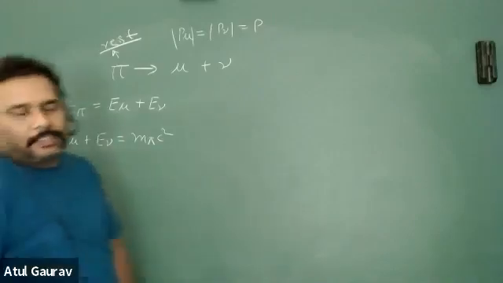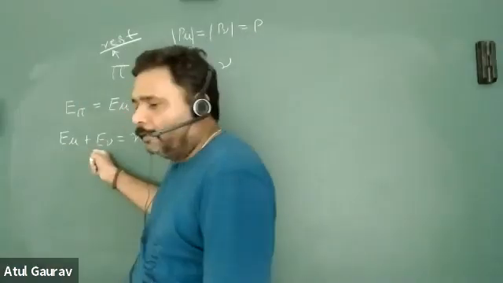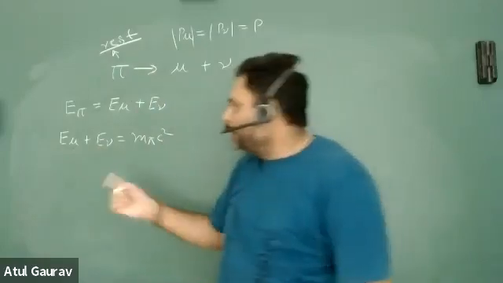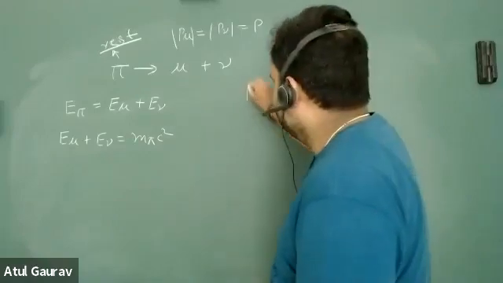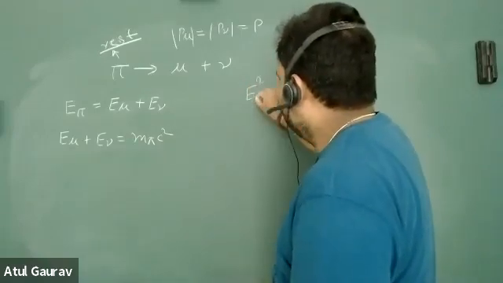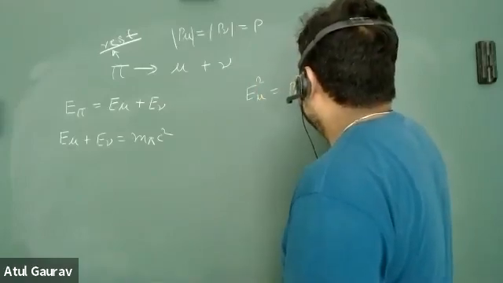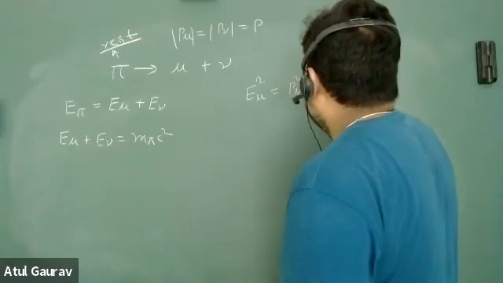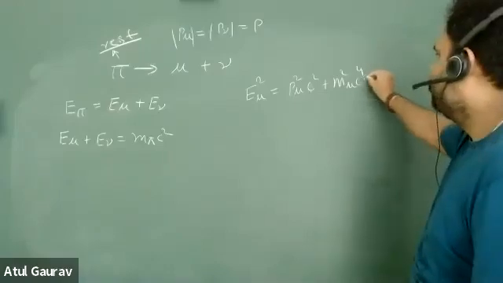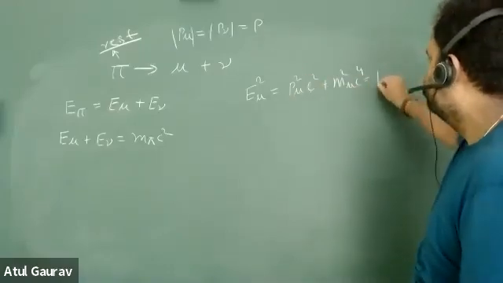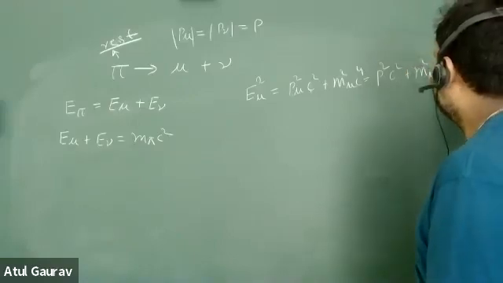And look at the second equation, how we are getting the set. We have to find E mu and E nu, so there are two variables, so we need two equations. Once you get two equations, we can easily solve it. So this is my first equation: E mu square is equal to P mu square C square plus M mu square C4, which can be written as P square C square plus M mu square C4.